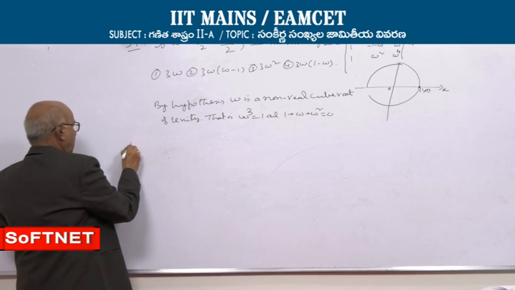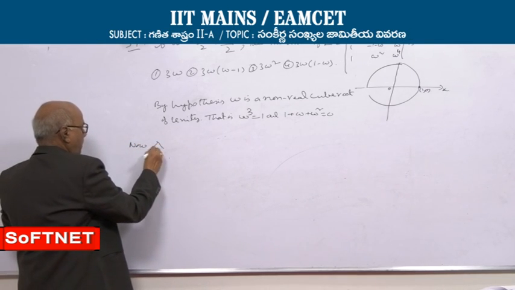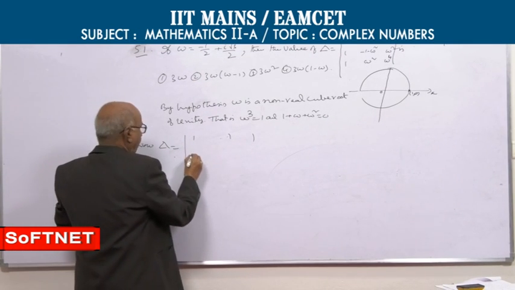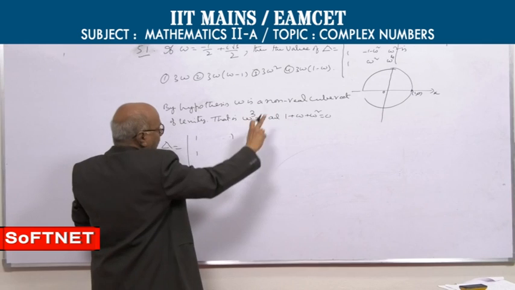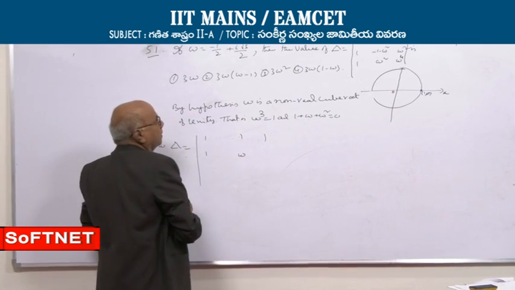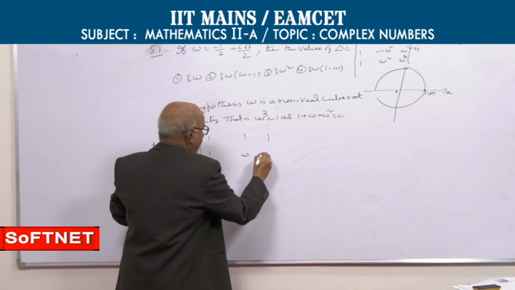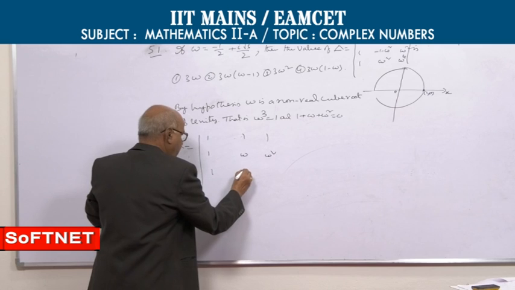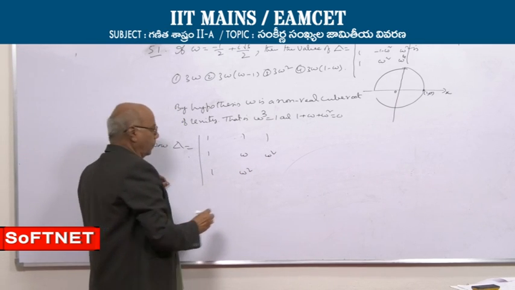Now delta is the determinant with rows 1, 1, 1; 1, omega, omega square; and 1, omega square, omega, since omega power 4 means omega.